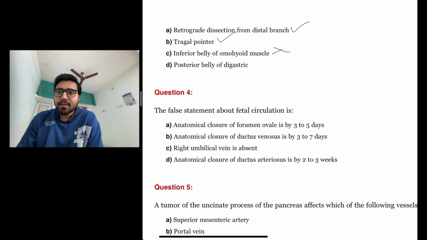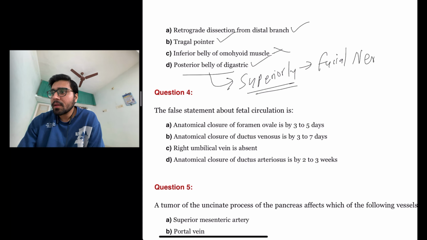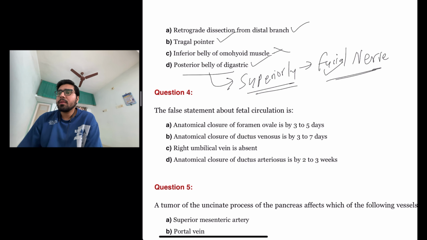And the last one is the posterior belly of digastric, this one is also true because superiorly to the posterior belly of digastric, the facial nerve is located. So the tragal pointer, retrograde dissection from the distal branch as well as the posterior belly of digastric, these three are the anatomical landmarks for the facial nerve. But the inferior belly of omohyoid is not the true landmark for identification of the facial nerve. So the answer here is C.